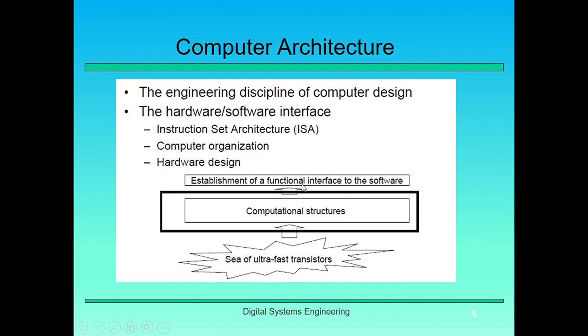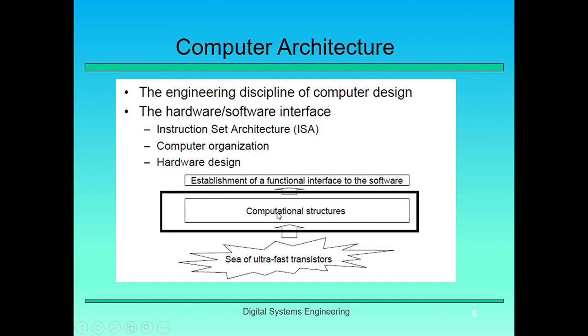So here you can see the block level diagram. Here we have the establishment of the functional interface to the software, and after this we have the hardware, basically the computational structure.